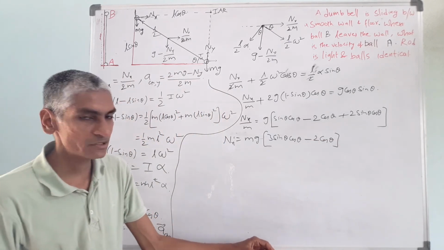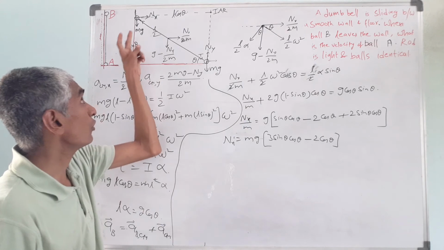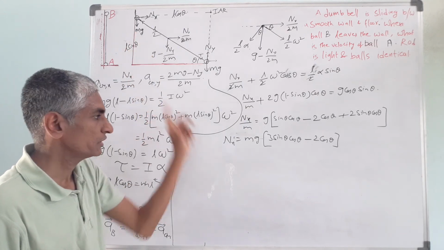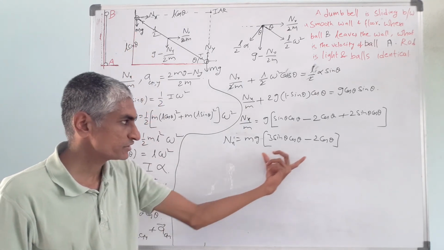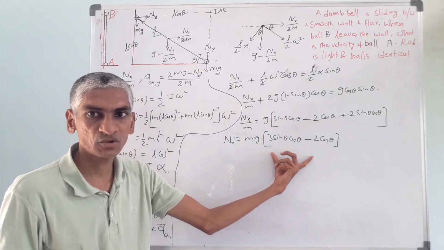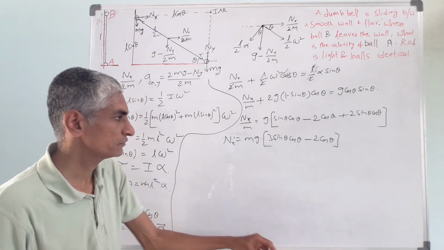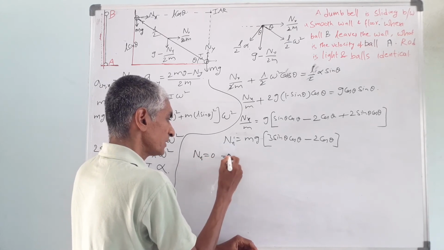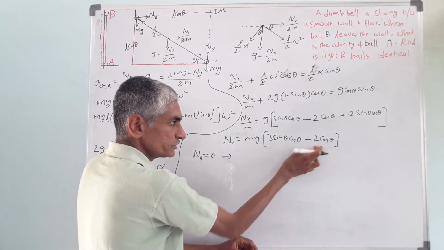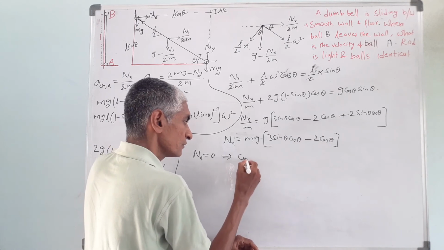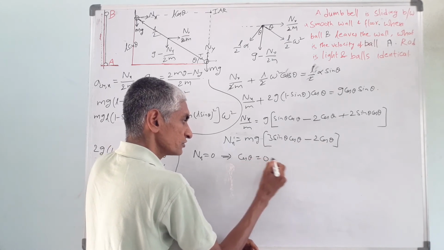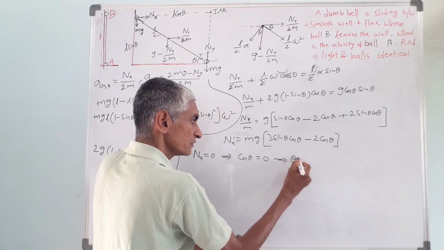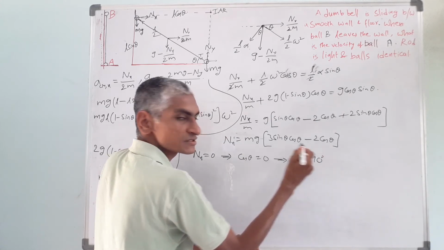So as per the given condition, when the ball leaves the wall, Nx is 0. So just by equating this expression to 0, we can solve for theta. So by equating Nx to 0, cos theta is a common factor. So cos theta equal 0. This implies theta equal to 90 degrees.